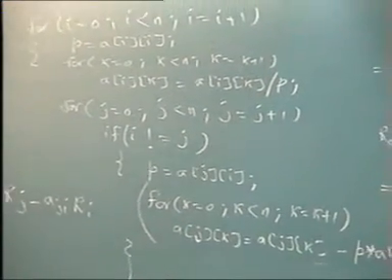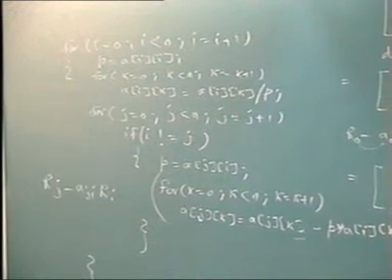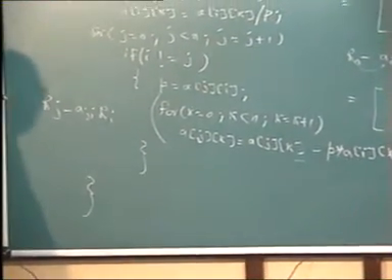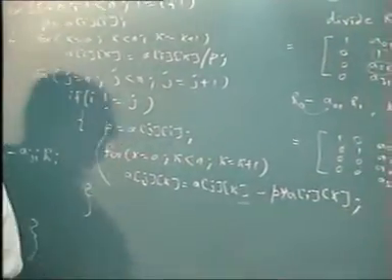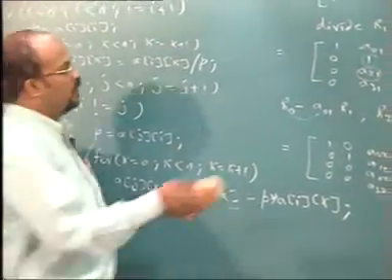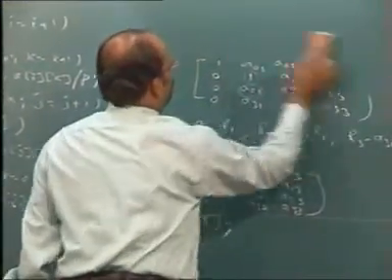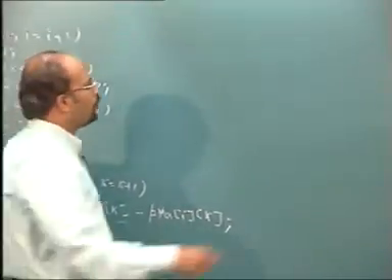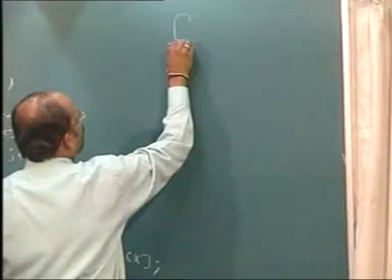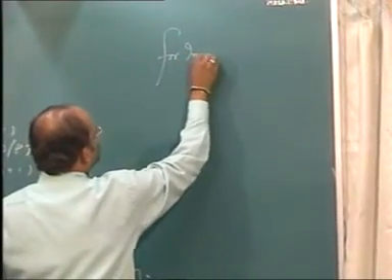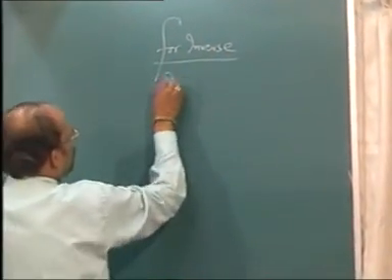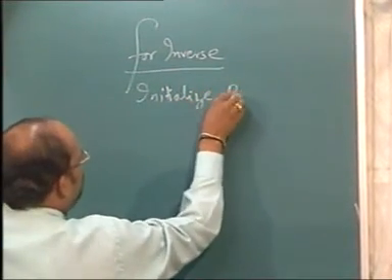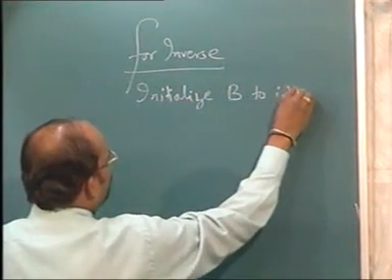Of course, this is not giving you the inverse. I know that. And to find the inverse, what you need to do more is you will have to initialize B. For finding the inverse, initialize matrix B to identity.